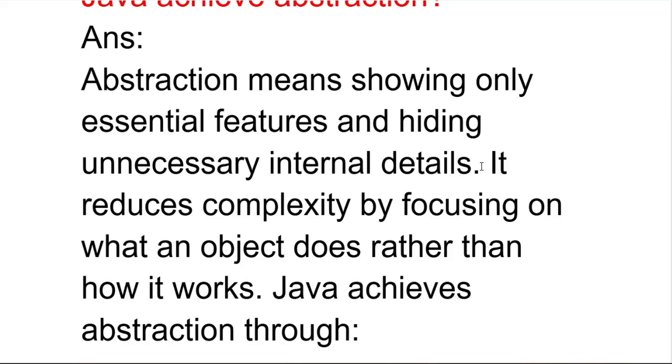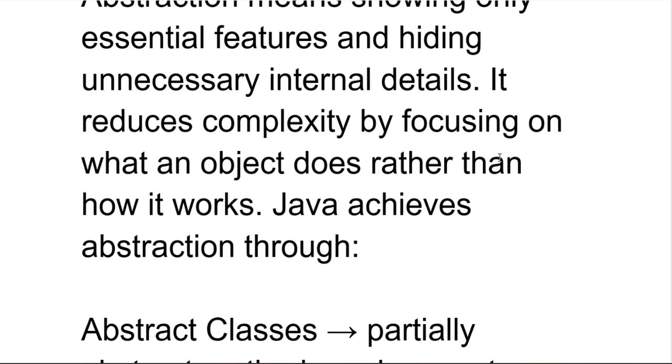So simply remember that abstraction means showing only the essential features, only the output, and hiding the unnecessary internal details. It reduces complexity by focusing on what an object does rather than how it works.